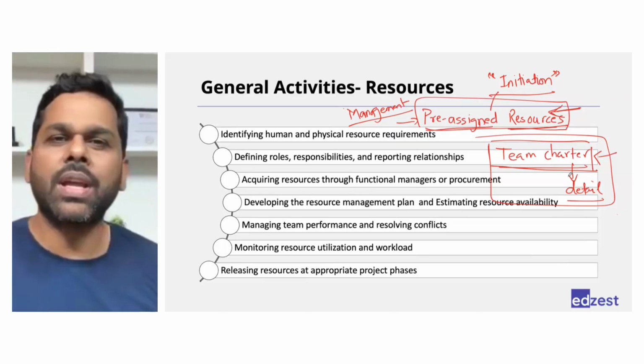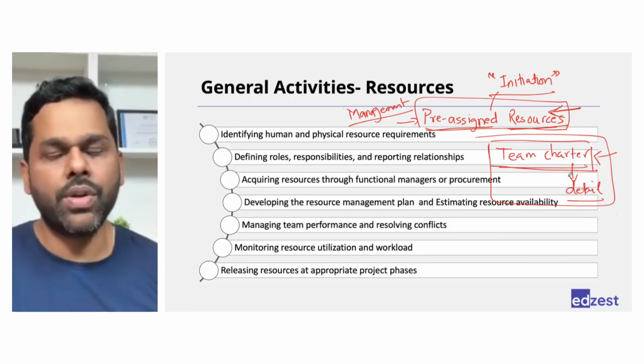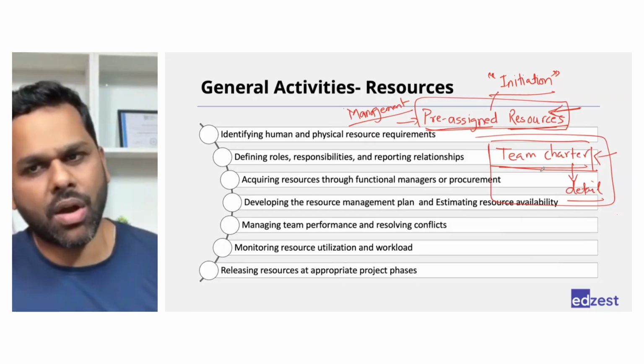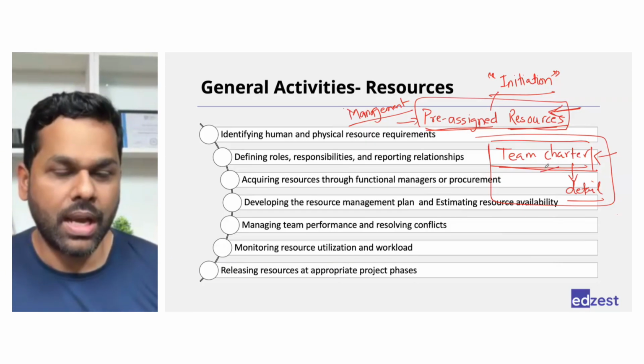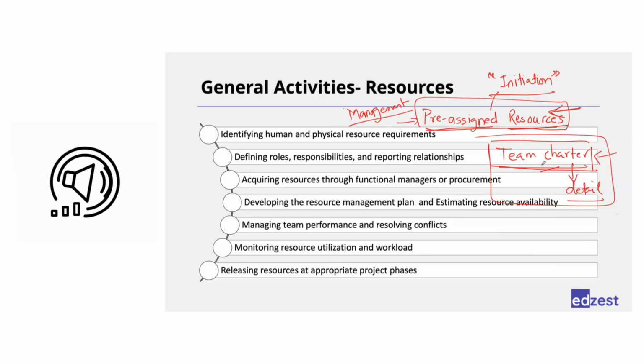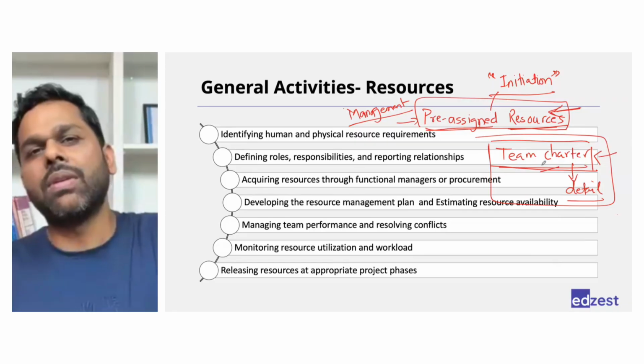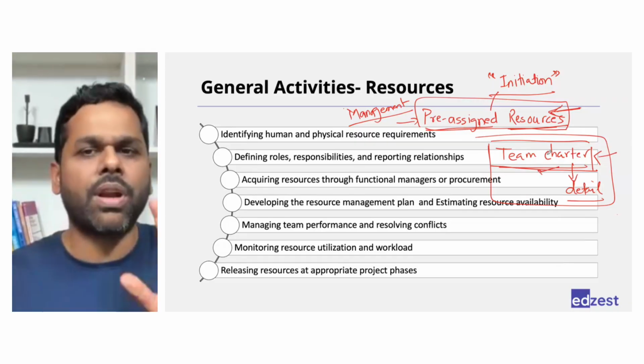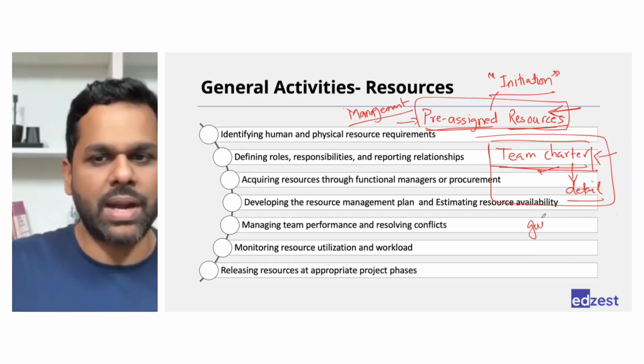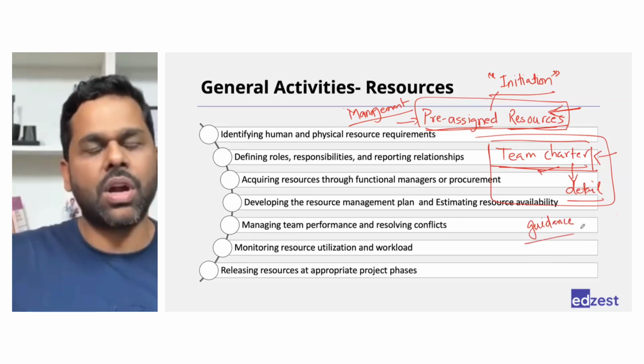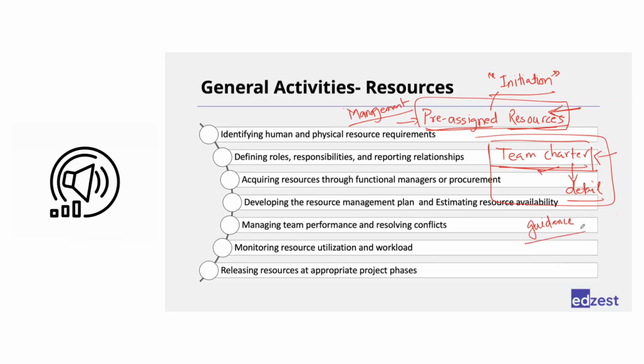If they're not behaving accordingly, then what should we do? That will also be mentioned in the ground rules along with the team charter. What are they supposed to do? If they don't do that, what are we supposed to do? So that's why we will have a look at the team charter for guidance on what we had planned, if somebody is not adhering to the rules.